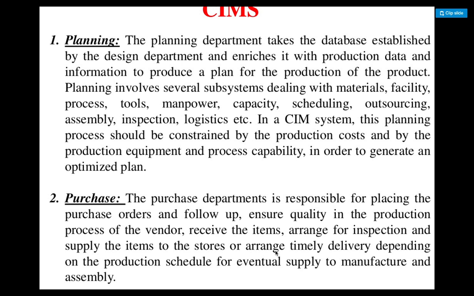Planning involves several subsystems dealing with materials, facility, process, tools, manpower, capacity, scheduling, outsourcing, assembly, inspection, logistics, etc. In a CIM system, this planning process should be constrained by the production cost and by the production equipment and process capability in order to generate an optimized plan.